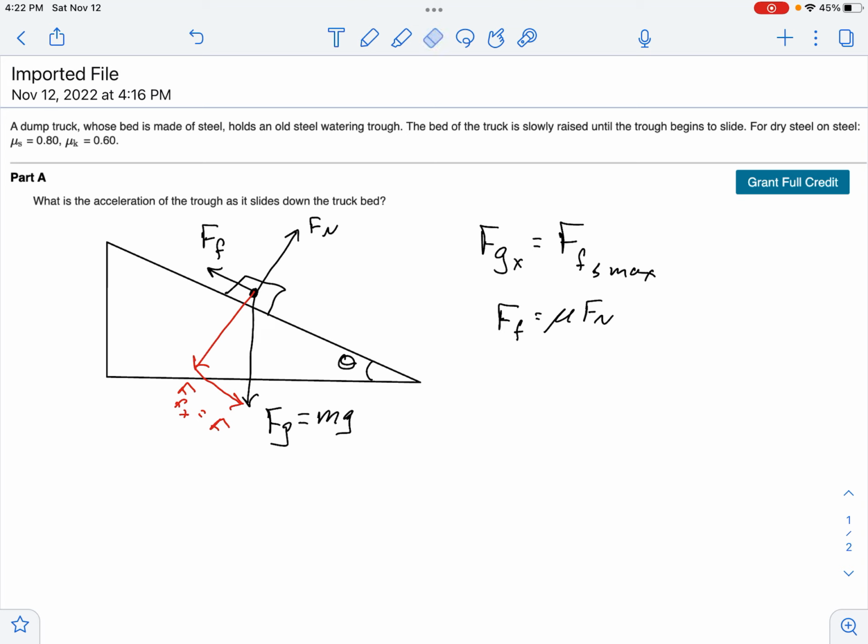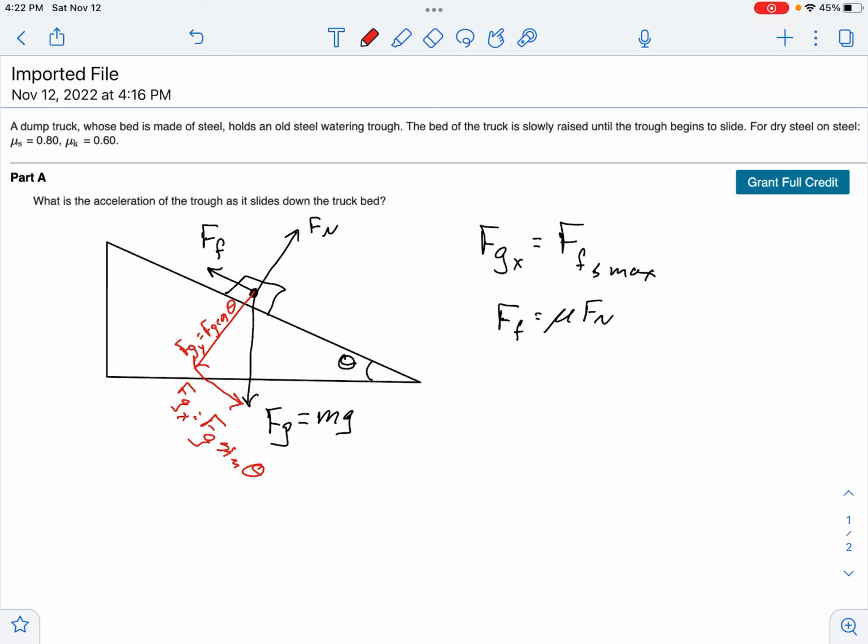Our force of gravity in the x direction is equal to Fg times the sine of theta. Our force of gravity in the y direction is equal to Fg times the cosine of theta.